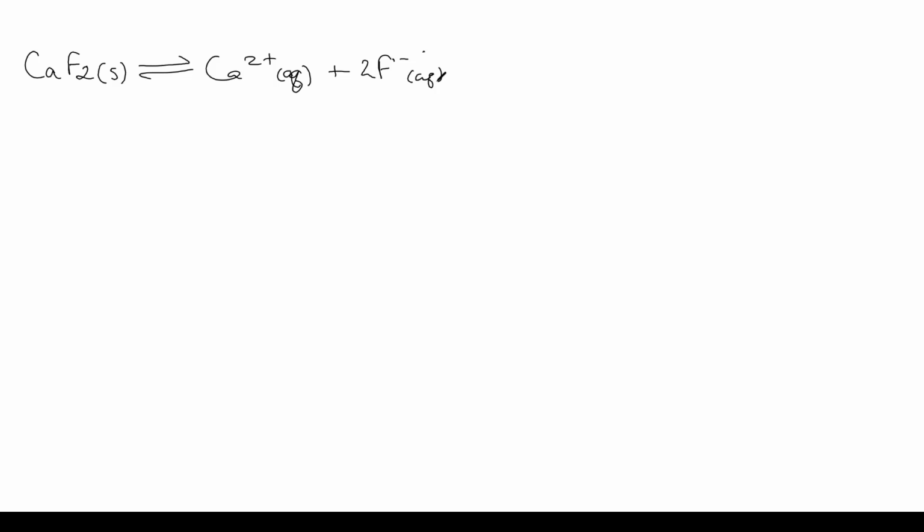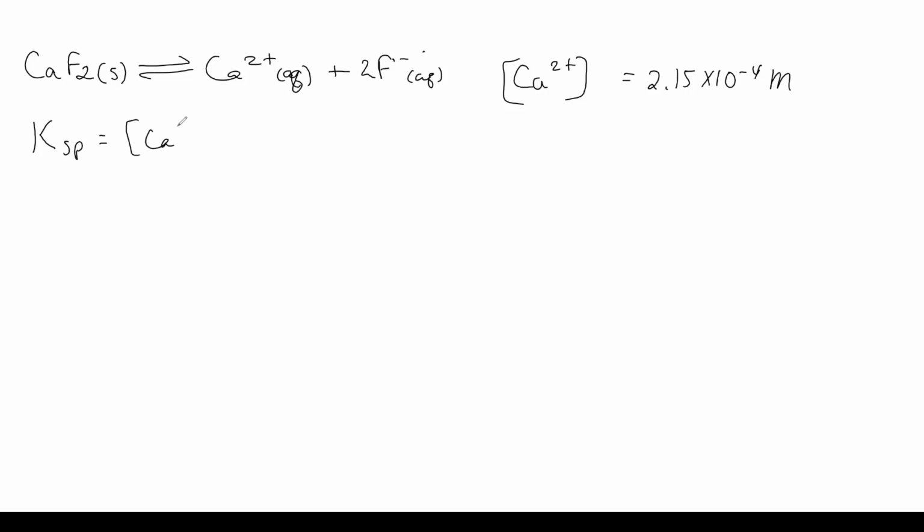We also know that the calcium 2+ concentration is 2.15 times 10 to the negative 4 molar. Okay, so we have everything that we need to solve this problem. Now we want to calculate Ksp, the actual specific value.